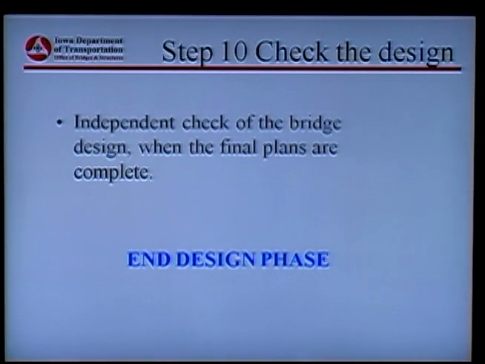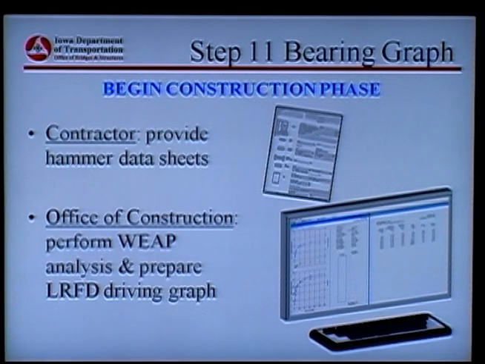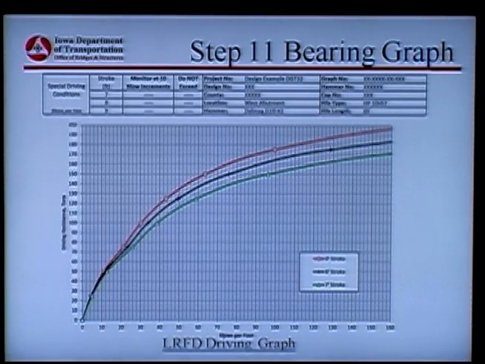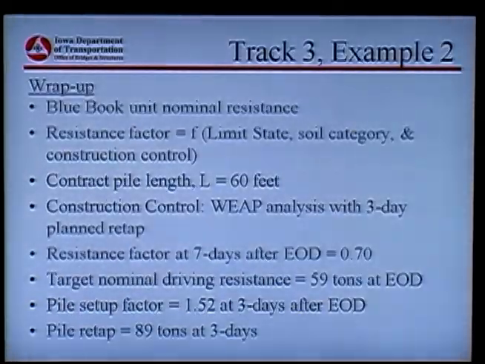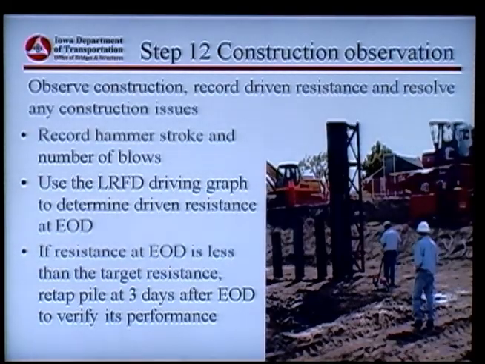So you do the independent check before the final plans are produced. The contractor provides you the hammer information. You run the WEAP analysis and generate the bearing graph. Here's the bearing graph based on 3 different strokes. And you record the hammer stroke, you record the hammer blows, and you determine the driving resistance from the bearing graph and compare with your target driving resistance at end of driving, which is 59 tons.